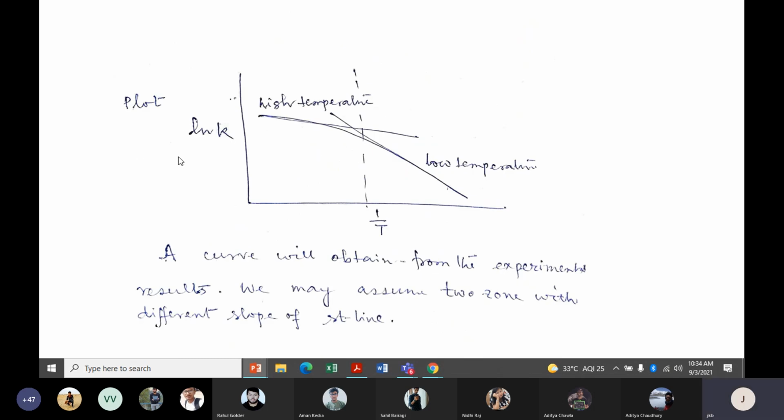And if we plot ln k versus 1 by T, you will get two different straight lines. At higher temperature you will get one straight line with a slope corresponding to that activation energy. Similarly, for the low temperature region you will get another straight line, and ultimately we can imagine a curve.